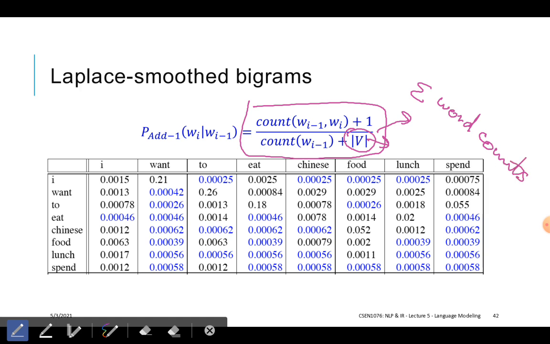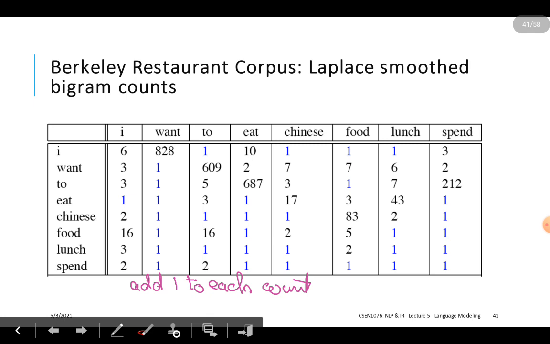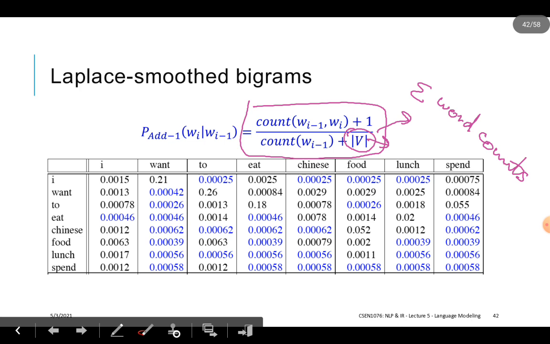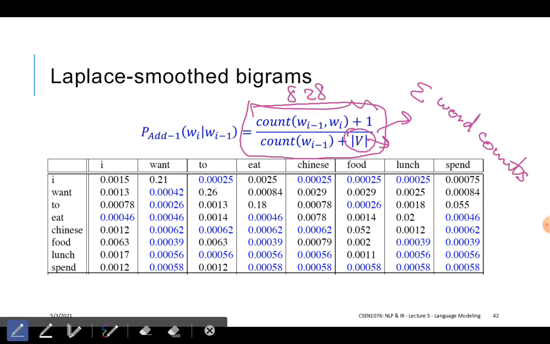Now, each count that we have here has already been incremented by 1. So here you will have 828, because it's 827 plus 1.